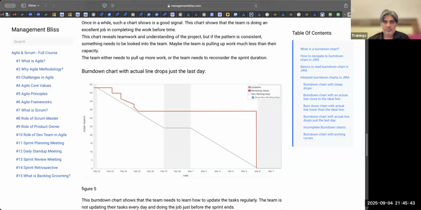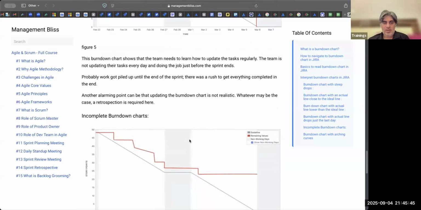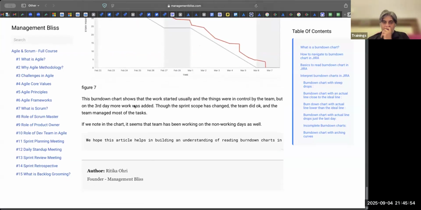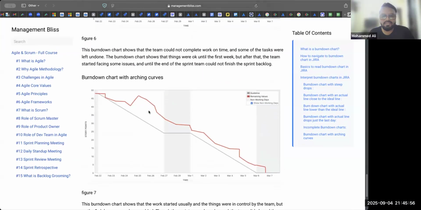Okay, 1 second. Which chart? 1 sec. Where has this gone? Okay. This chart? Yes, correct.